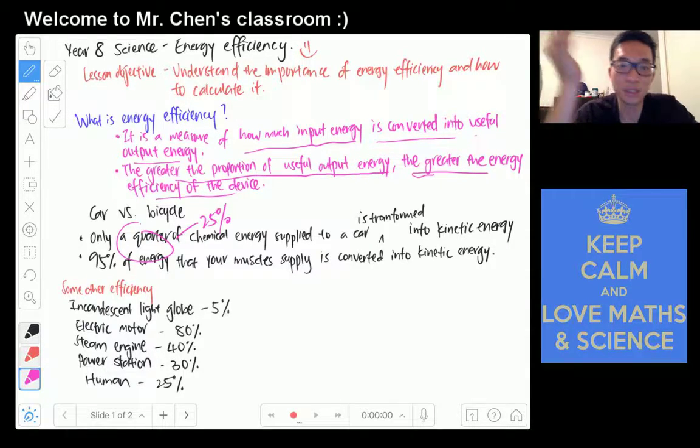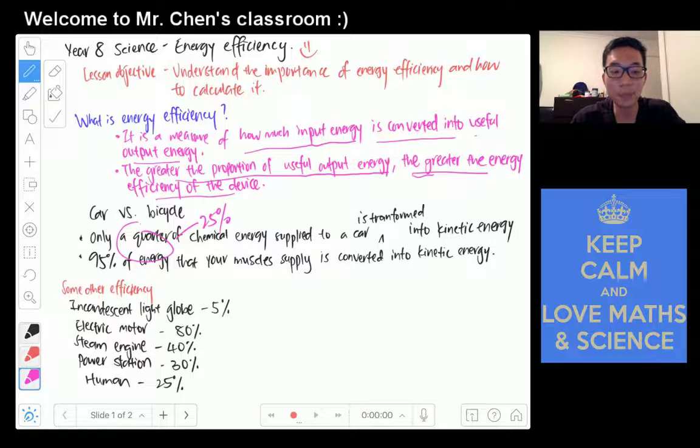That's why, if you are able to create a car in the future that uses 90% of the chemical energy and transforms it into kinetic energy, you will be a very rich person.